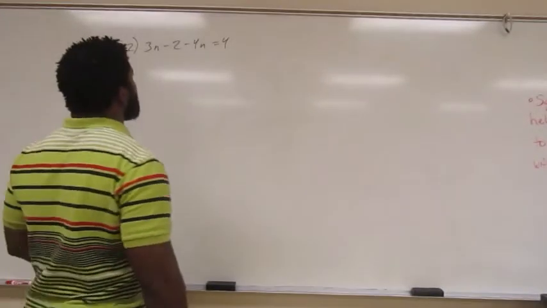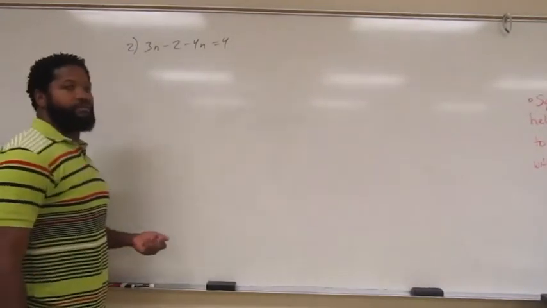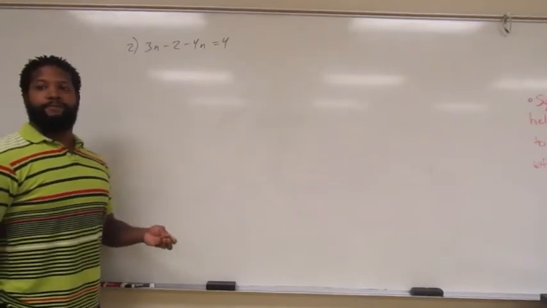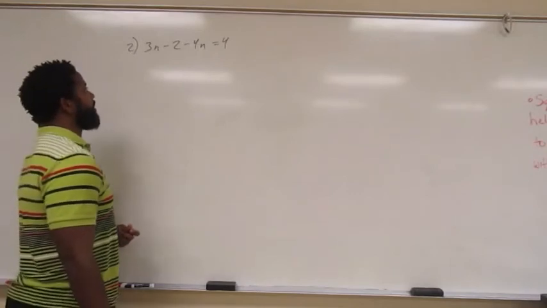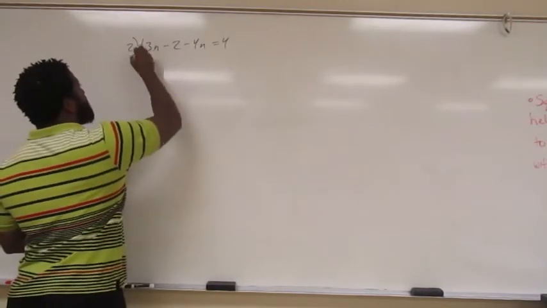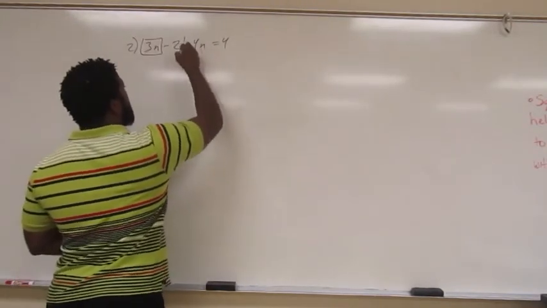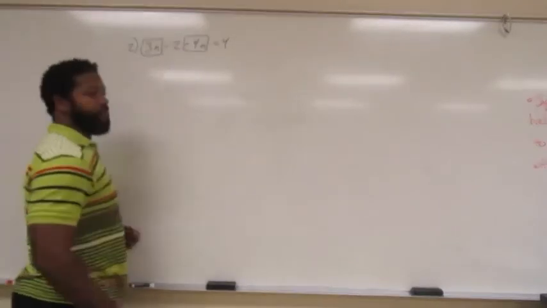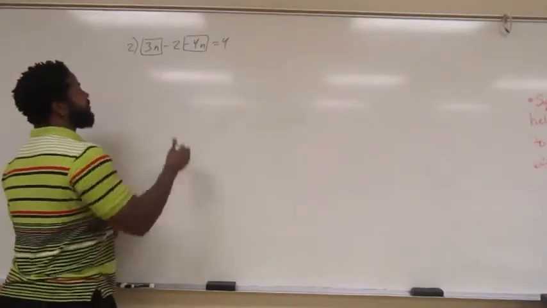No, that right there. All right. Again, first things first. What do? Combine like terms. Thank you. All right. CLT. You have your like terms right here. Okay. What's 3 minus 4? -1.